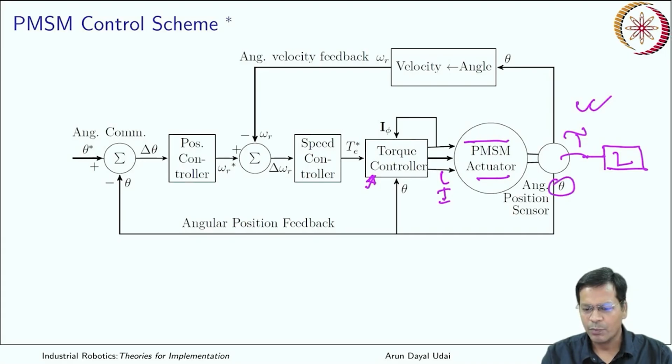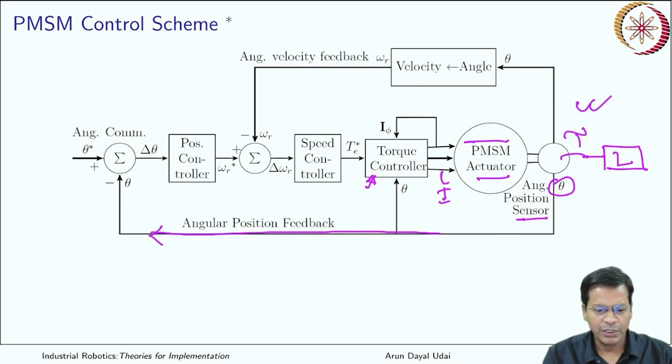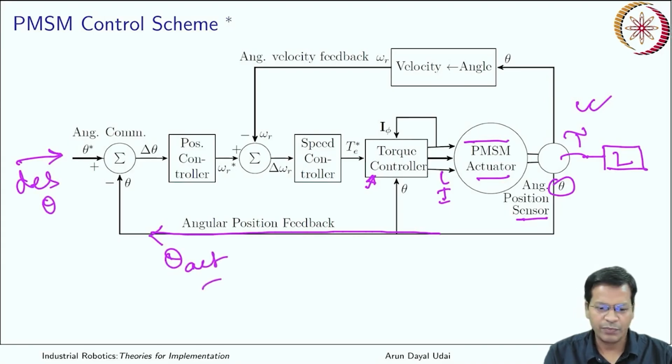Okay, so that is connected with a load, and you are sensing what? You are sensing the angle position, and position is fed back here. It is compared with the desired angle and actual angle. So you take the difference of that, that is the error. You have a position controller over here, maybe a PID controller most of the time.